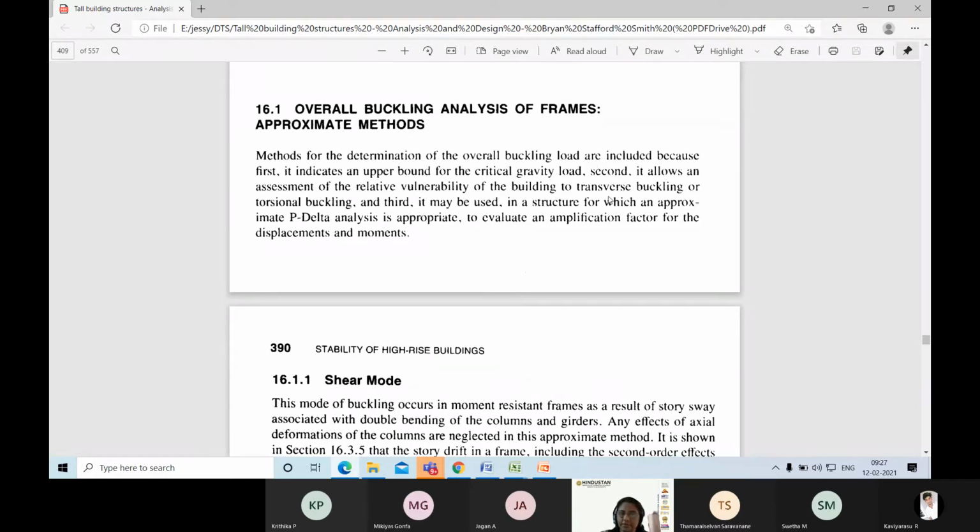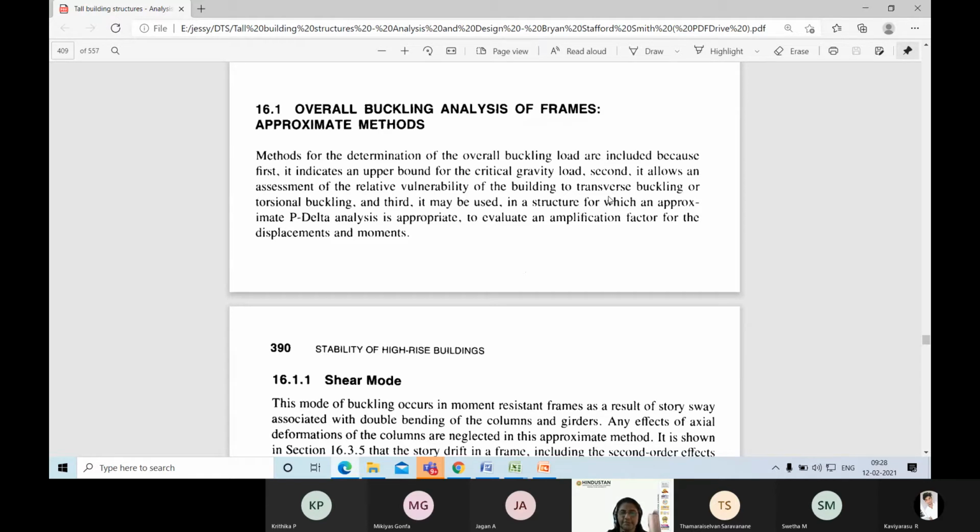Otherwise also, you must have learned in your design analysis or strength of materials how to calculate the crippling load or the buckling load of a column. Do you remember that in your UG classes? Either in strength of materials or mechanics of solids, you have learned the buckling load of a column, or we call it the crippling load.